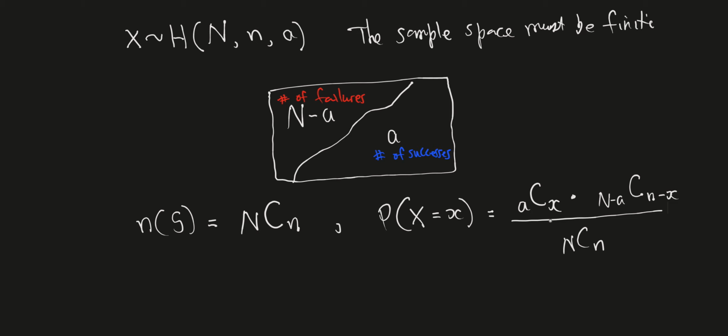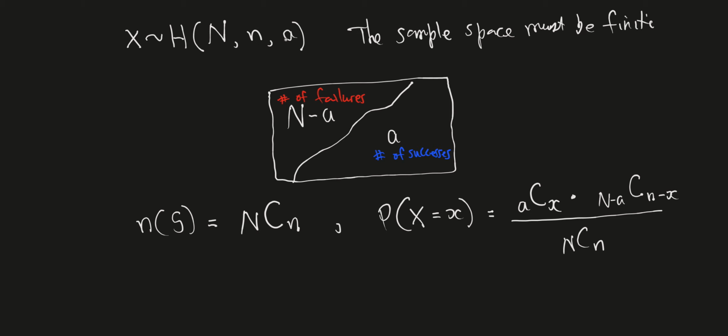Now here comes the kind of tricky part in terms of writing down what exactly defines the sample space, right? In other words, what are the actual possible values of x? Well, it's hard to say because I don't know how these numbers compare. I don't know in terms of the number of successes, do I have more successes than the actual number that I'm going to be sampling?